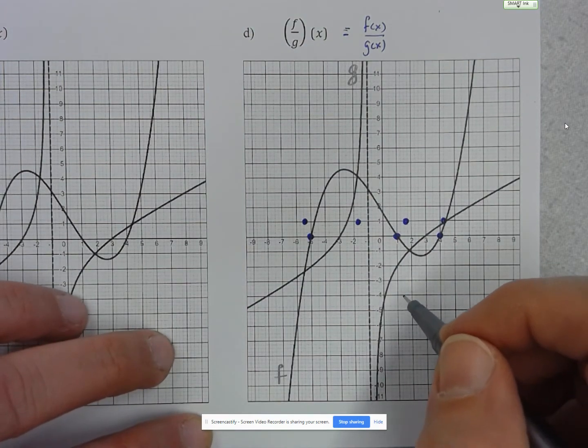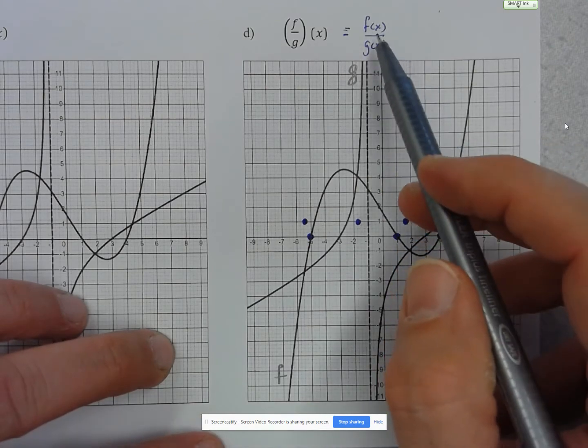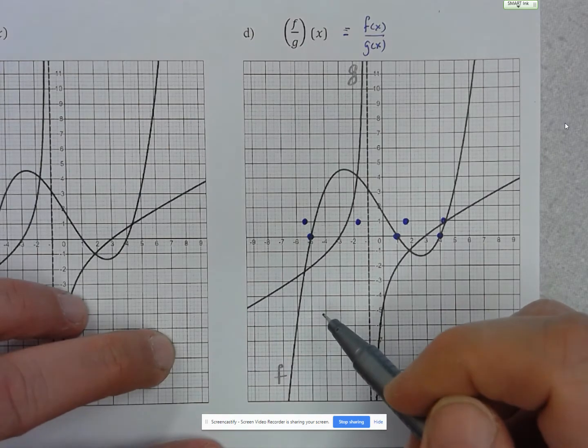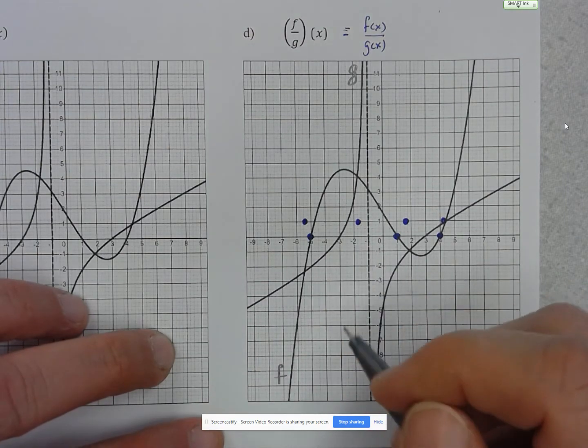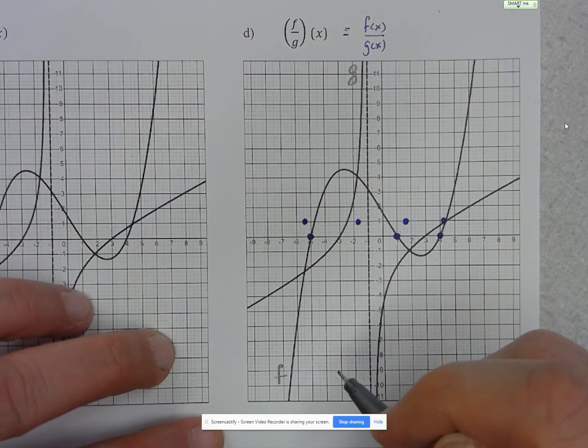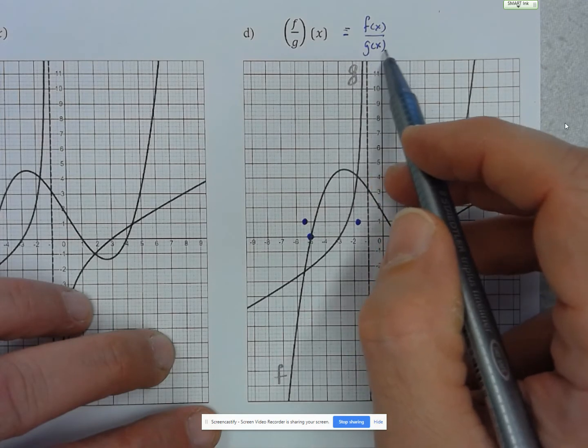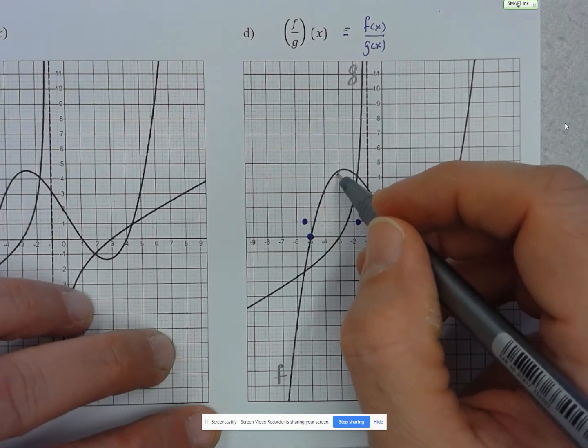Now, I can also probably figure out where they're equal to -1, where they have the same absolute value but opposite sign. But I'll see if I need that. If not, I'll just try to sketch it without looking for those points. All right, so the next thing I'm going to do is look at where the denominator is equal to 0, because that may be the location of my vertical asymptotes. So here g is equal to 0 at -3, and f is not equal to 0.